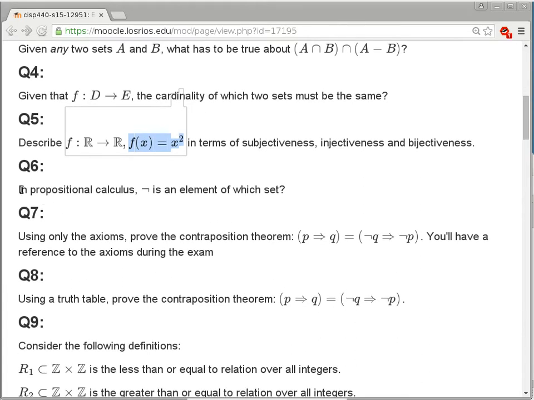Question number 6. This is really kind of straight out of the text. In propositional calculus, the not symbol is an element of which set? Now, there are 4 different sets to define propositional calculus. There's the alpha, which means it is defining 0, 1, P, Q, R, S, T, psi, phi, and rho, and stuff like that.